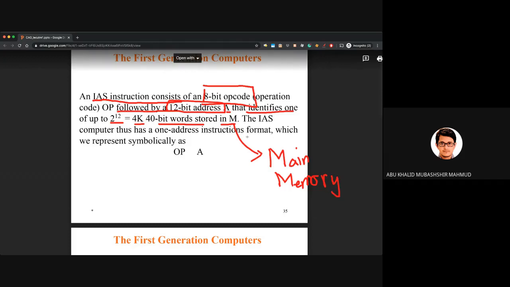The IAS computer thus has a one-address instruction format, which we represent symbolically as operation and the address represented by A, which is a 12-bit address, and the operation, the opcode, is 8-bit.